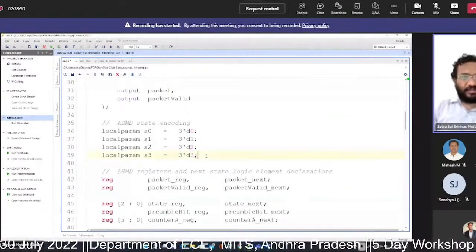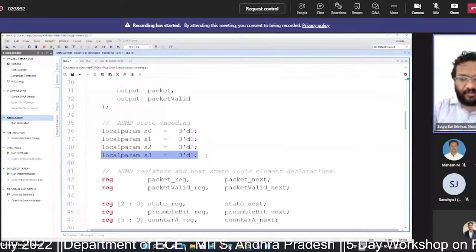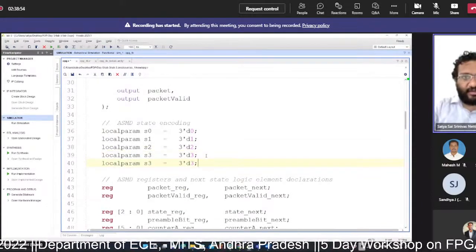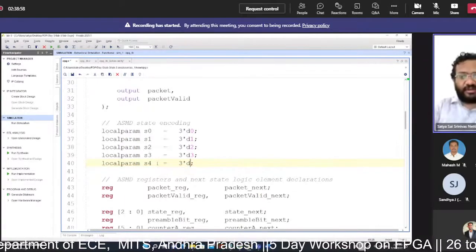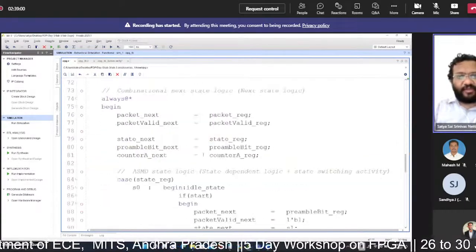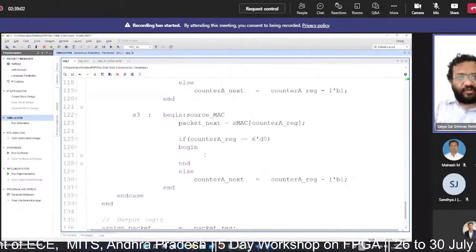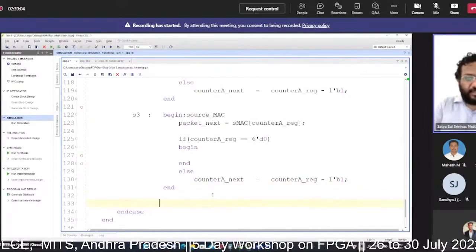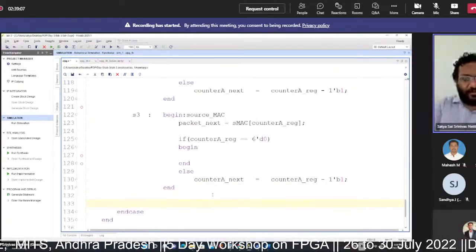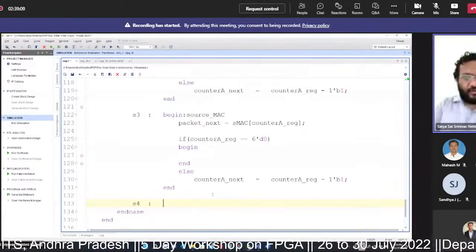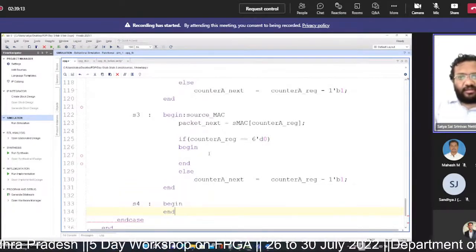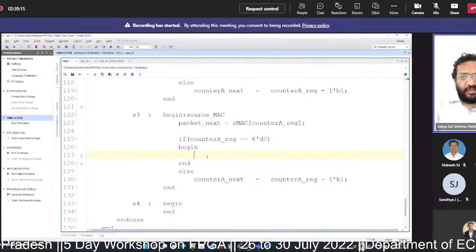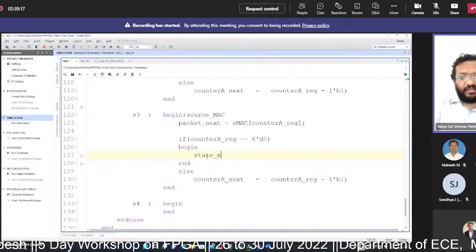Since S4 is not yet declared, I will declare this, and set the state and the next state.